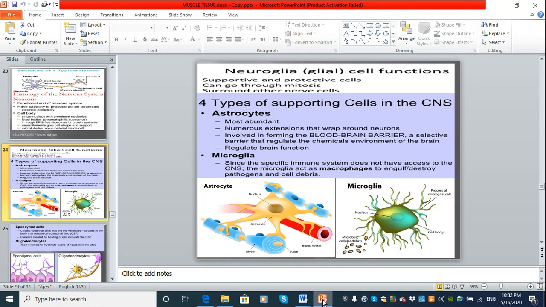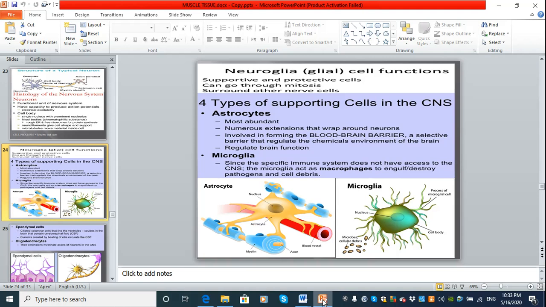We see here in the cartoon diagram, they are the most abundant, with extensions that wrap around the neuron and form the blood-brain barrier, a selective barrier that regulates the chemical environment of the brain.